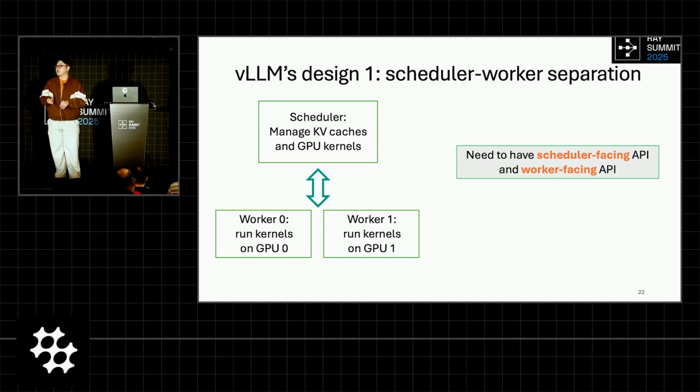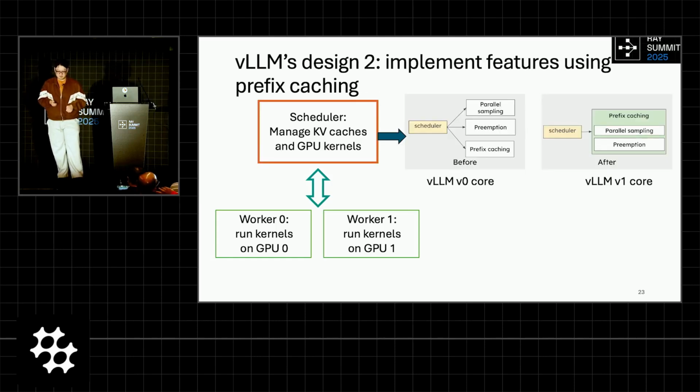The second need is that you want to distribute your model across GPUs, which requires a distributed version of the worker. So in this architecture, we have two roles, scheduler and worker. The first insight is that we need both a scheduler-facing API and a worker-facing API. It cannot face just the worker or just the scheduler. It needs to face both. That's the first thing we did.